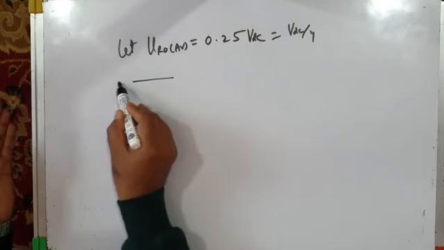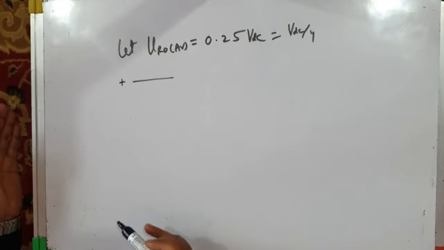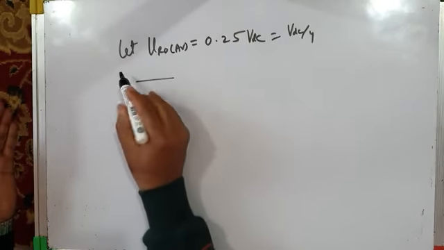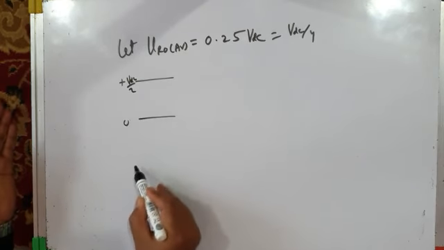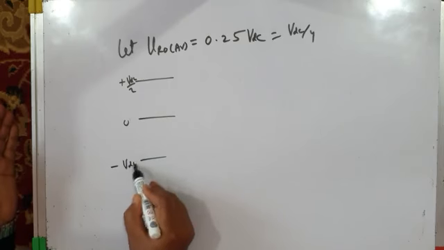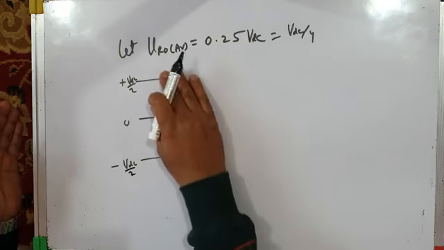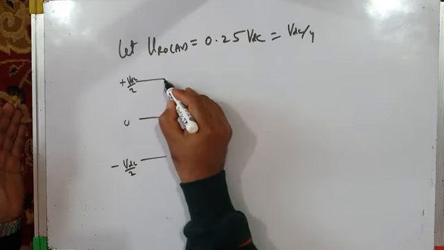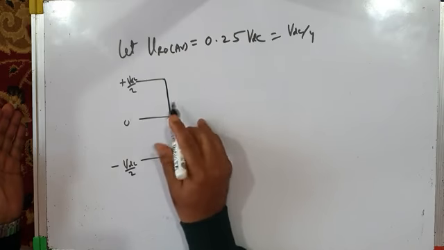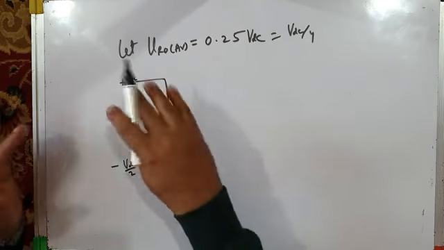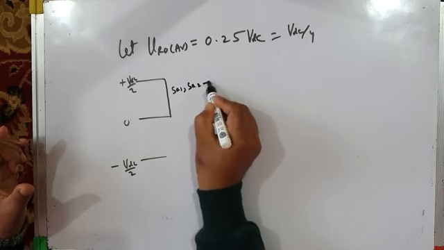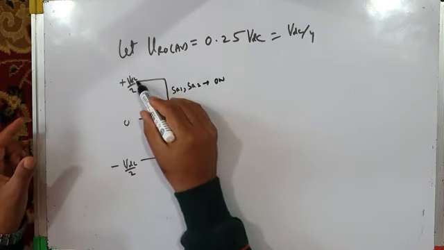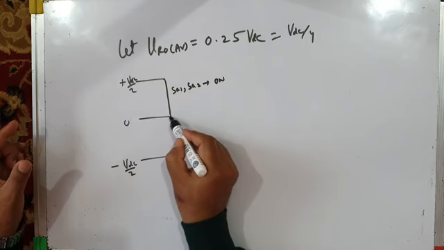If I use a 2-level inverter, it will be like this. It is plus VDC by 2, this is 0, and this is minus VDC by 2. Okay, so what I will do, I will keep it on for a larger period of time. I will keep the top two switches on, that is SA1 and SA2, for a larger period of time, so that pole voltage VRO is plus VDC by 2.